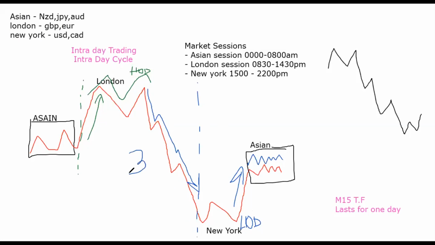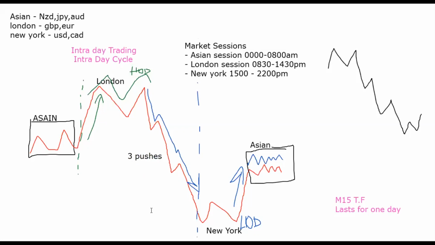Then these are what we call the three pushes downside. Sometimes these pushes are not clear, sometimes they are clear, but that's in general what we call the three pushes. So this is exactly what we mean about intraday trading.